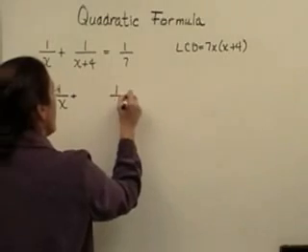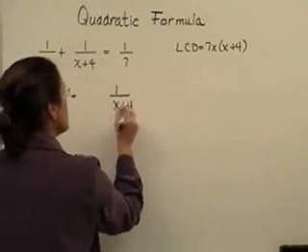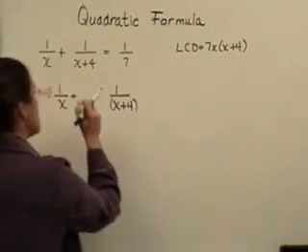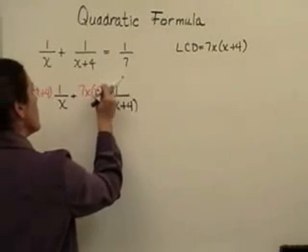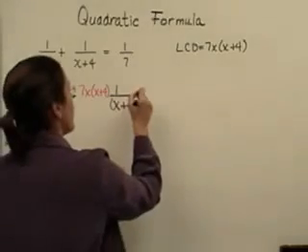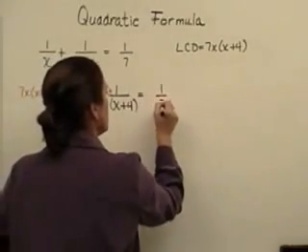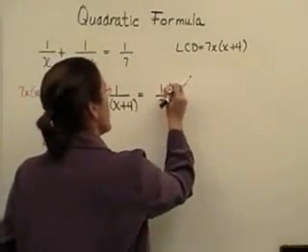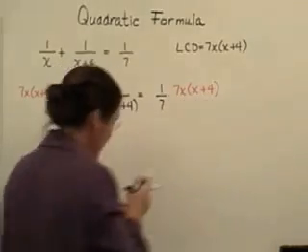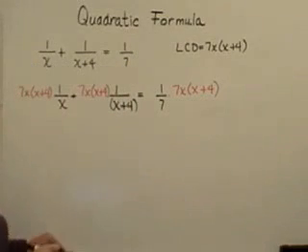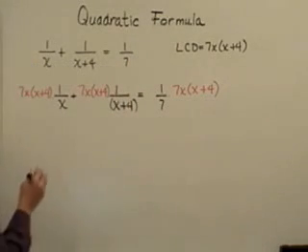The 1 over x plus 4, I'm going to put parentheses around that, needs to be multiplied by 7x times x plus 4. And finally, the 1 over 7 on the right side has to be multiplied by 7x times x plus 4. We did all that so that we could clear the denominators. That's why we did this. This would leave 1 in all the denominators.